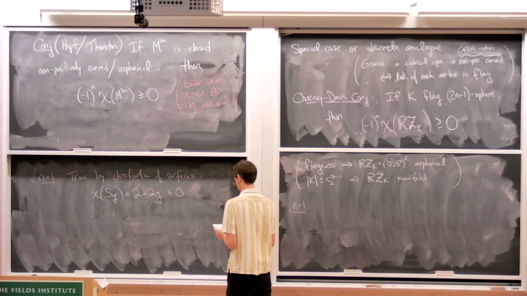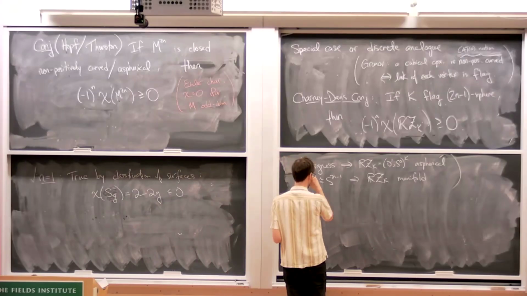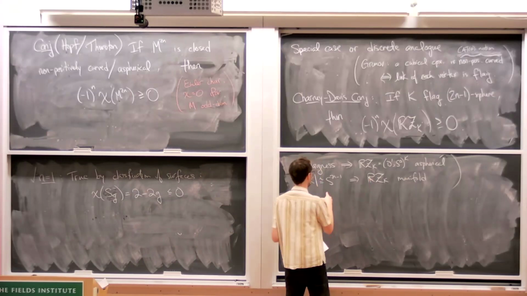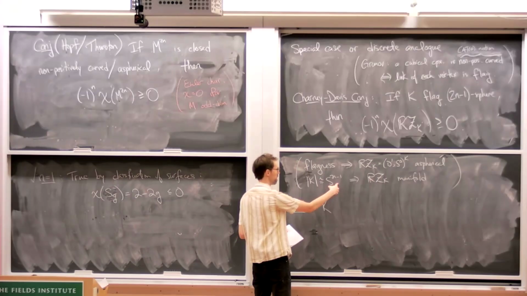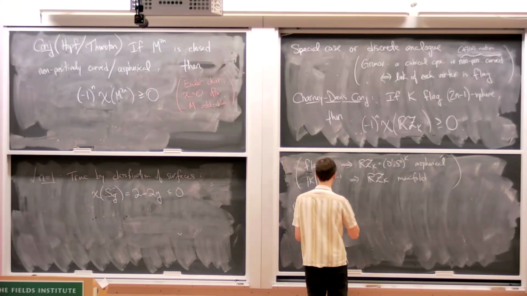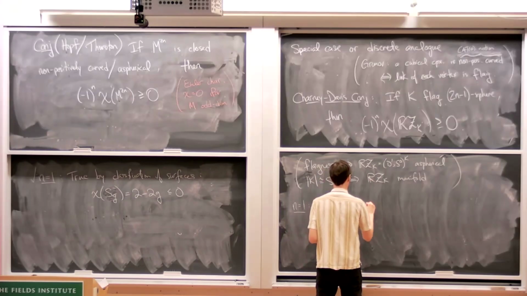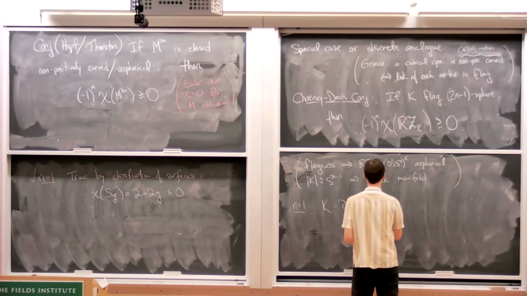And we can review some things we saw before. The n equals 1 case corresponds to K being a triangulation of the 1 sphere, 2 times 1 minus 1. Here's the boundary of an m-gon.